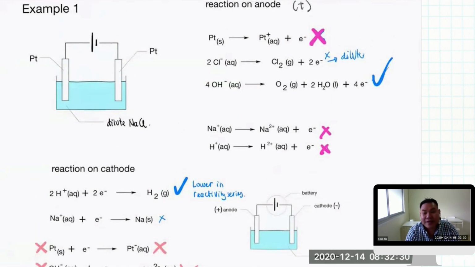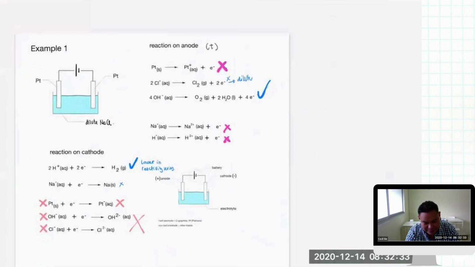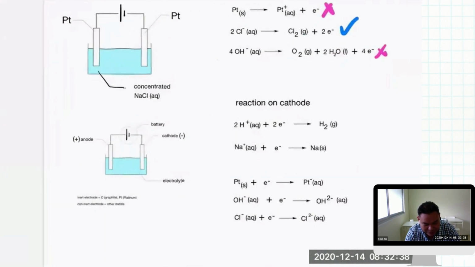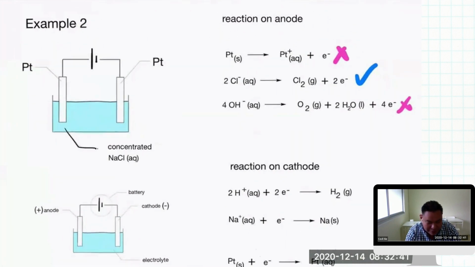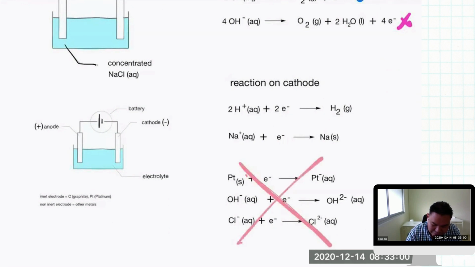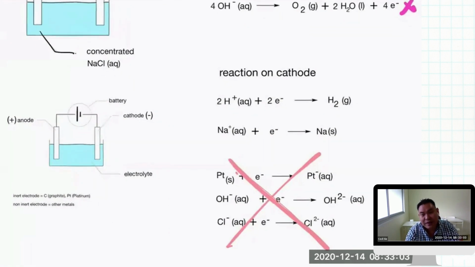We have dilute NaCl using platinum electrodes. Next, example 2. Example 2 is similar. We have concentrated sodium chloride, yeah, with platinum electrodes. Then which one will we choose? We cross out 3 substances that are very unlikely to get reduced: platinum, OH minus, and Cl minus. Platinum because it's a metal.